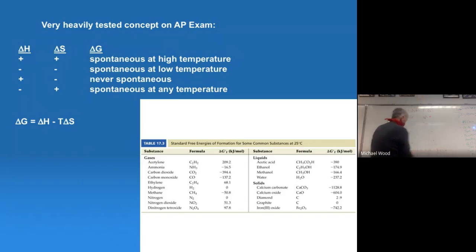You have to put energy in ice to get it to melt. What's the case with delta S? What happens with delta S in this reaction? Is it positive or negative? A liquid and a solid. It's positive, okay? So when is this reaction spontaneous?